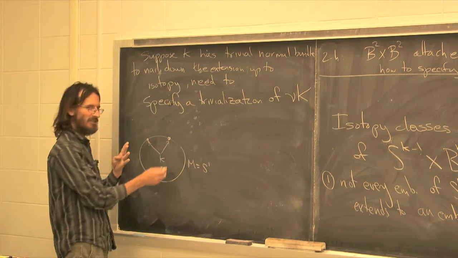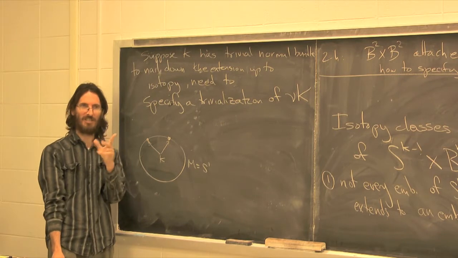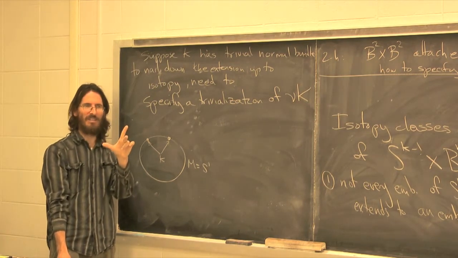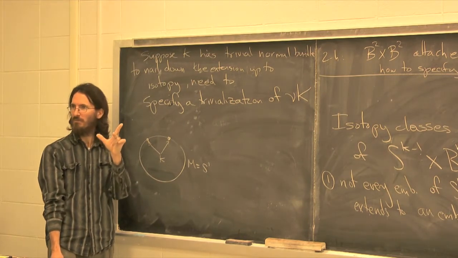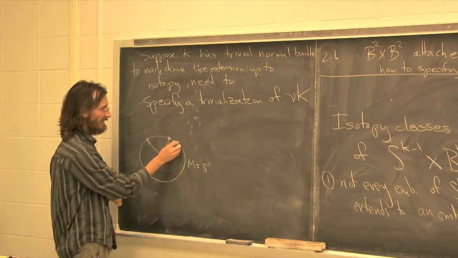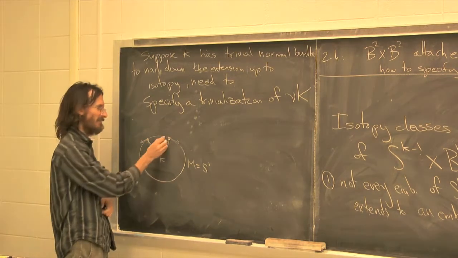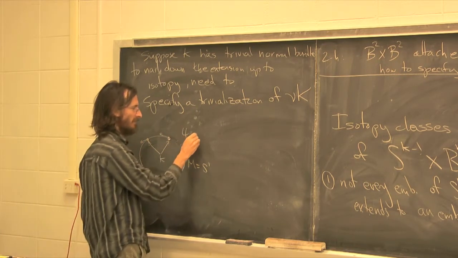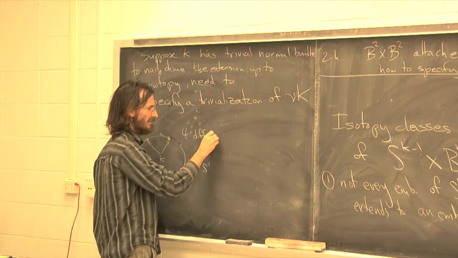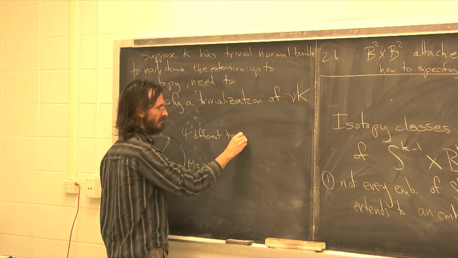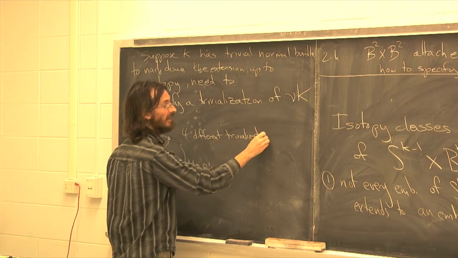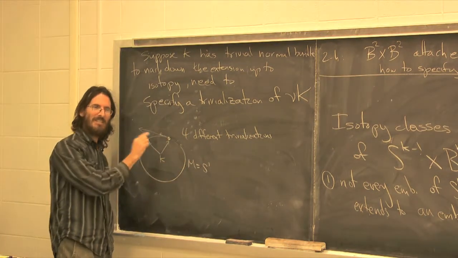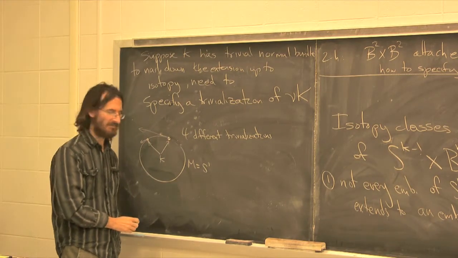Think of a trivialization as picking, at each point, a basis for the normal space. I could pick this and this, or this and that. So this has 4 different trivializations, up to isotopy, because I could also trivialize it by making this longer.